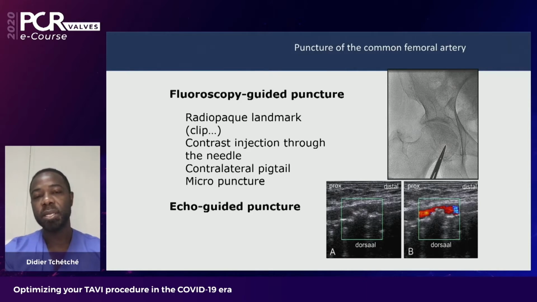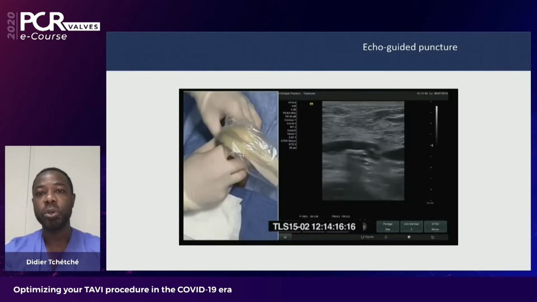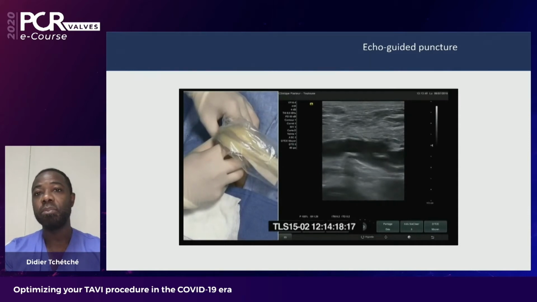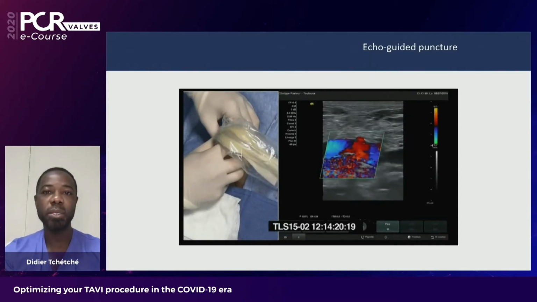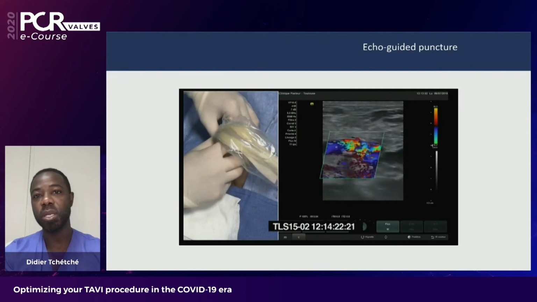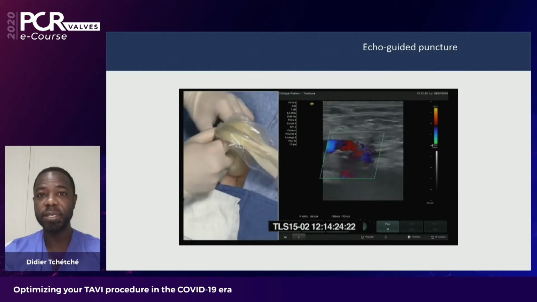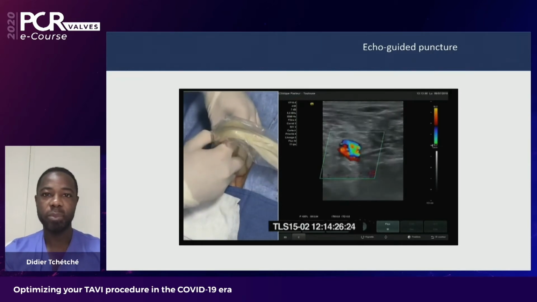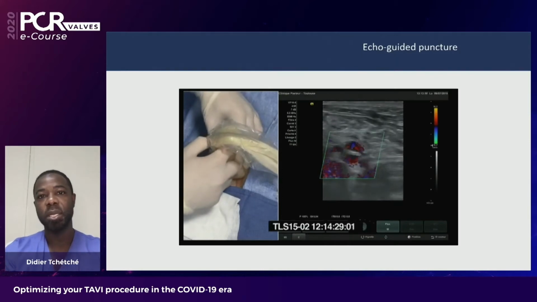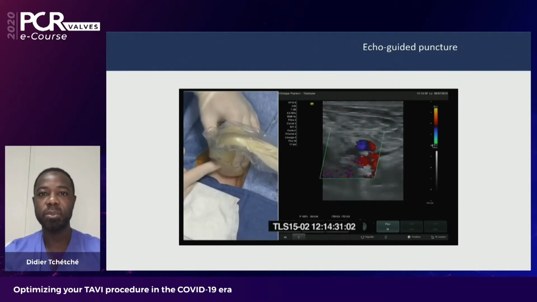I'd like to say that in a more contemporary practice, there is really more and more interest towards echo-guided puncture. And echo-guided puncture seems to be a probably better way to get access to the vessel, because it's really easy, as you can see here, to identify the location of the femoral bifurcation. If you rotate to the short axis, you can see that bifurcation.